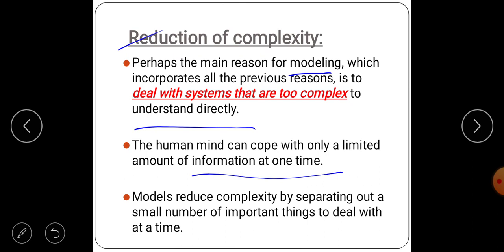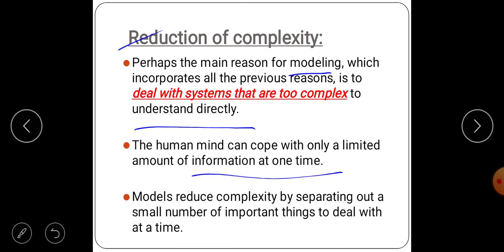If you are buying a TV, we are going to demonstrate only how to operate it. We are not going to tell how we construct or build the TV. The serviceman will demonstrate only how to switch it on and how to operate, how to change the channels, how to increase or decrease the volume, how to reduce or increase the brightness of the screen.